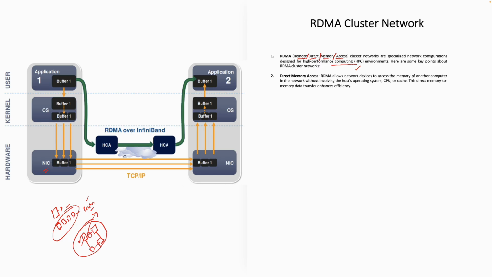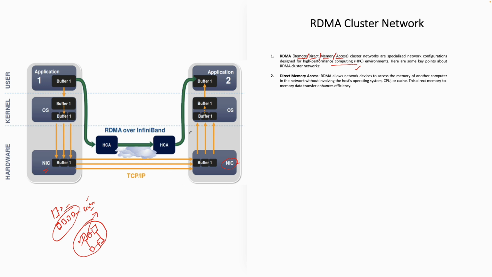From here, the data travels over the physical network and goes to the NIC of the other computer. Then it goes up through the OS in the same way, and then to the memory of the second computer, and that way this computer can interact with that computer.